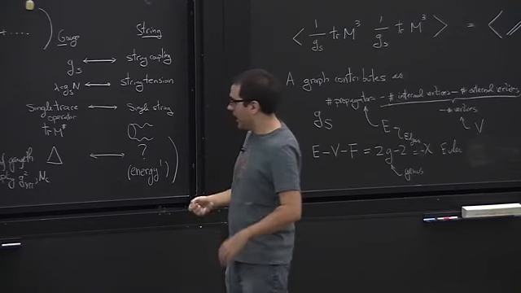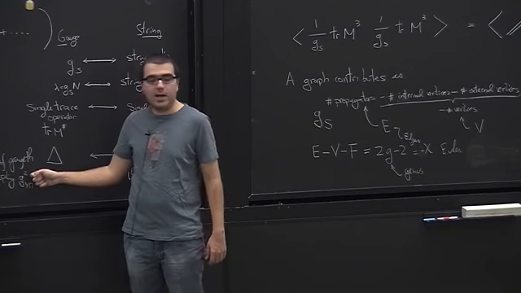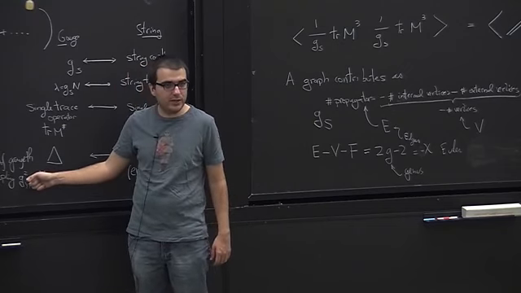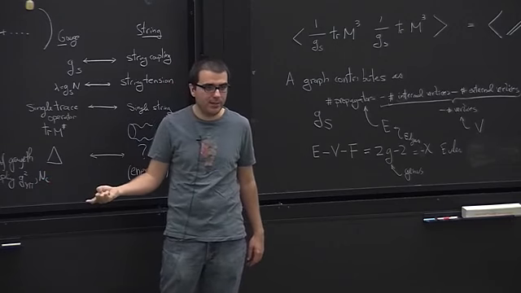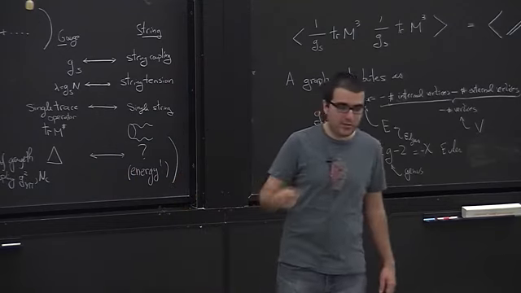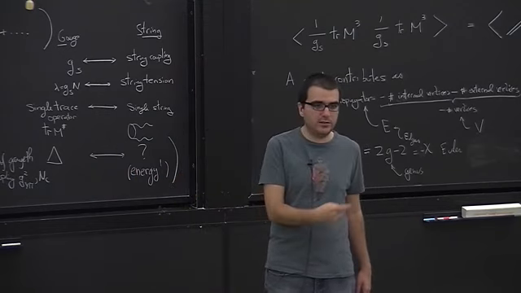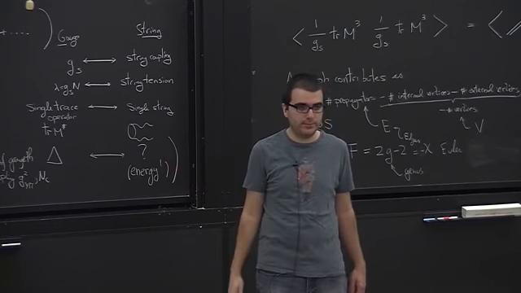And what happens very nicely is that if you consider the beta function not for g, but for lambda, the 't Hooft coupling, the beta function for lambda is N-independent. It only depends on lambda. So the theory wants to be described in terms of lambda. Even if you start with g, what flows naturally is lambda.